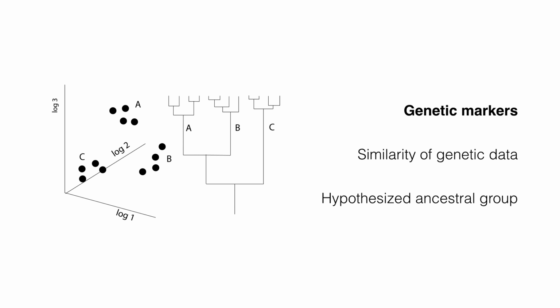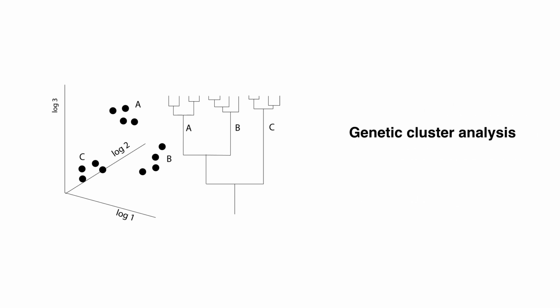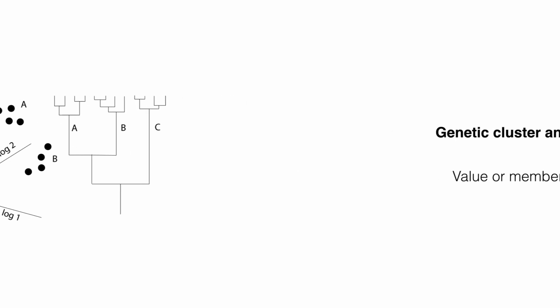They can also be represented by a tree. As you can see, cluster A, B, and C represented as a tree. The result of this genetic cluster analysis then is a matrix where each individual is given a value or membership coefficient to ancestral cluster, and these should sum up to 100%.